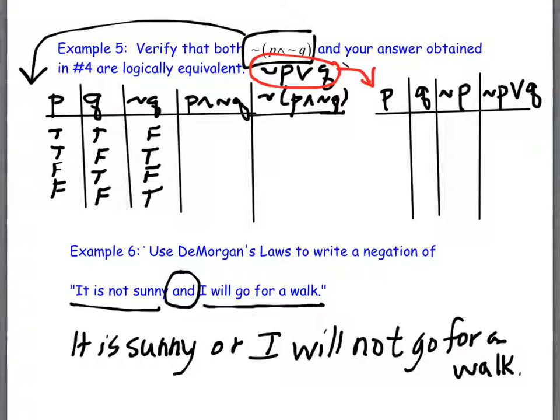I need to combine the P column and the tilde Q column. When is an and statement true? When they're both true. So in the first line I have true, false, which gives me false. The second line is true, true, which gives me true. The third line is false, false, which gives me false. And the fourth line is false, true, which gives me false.